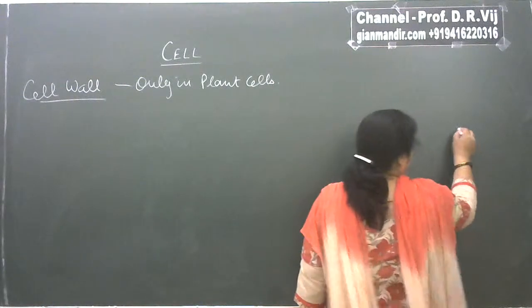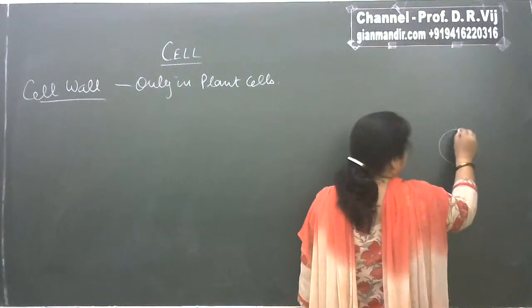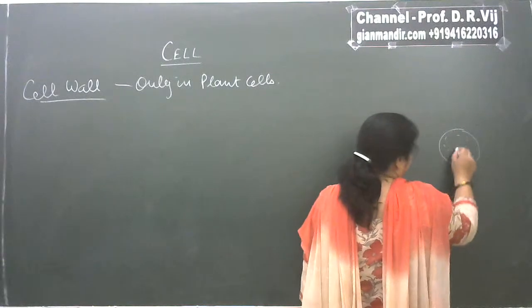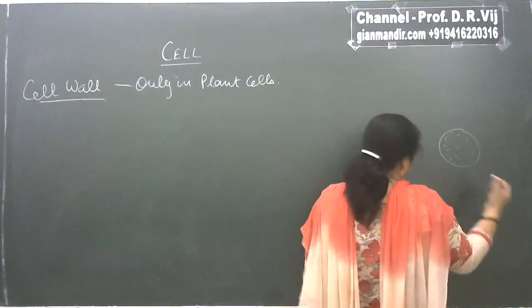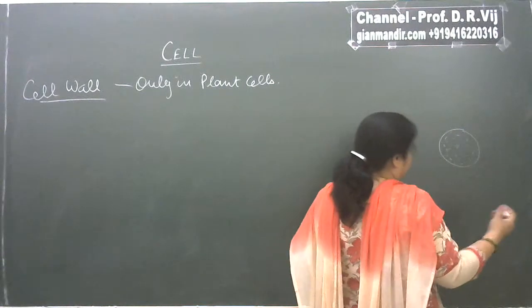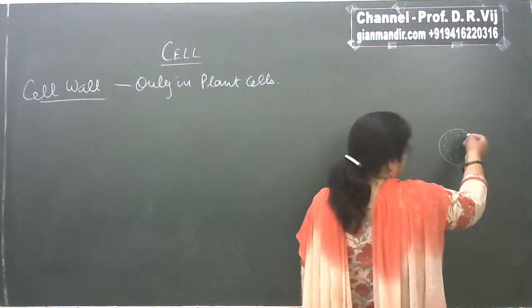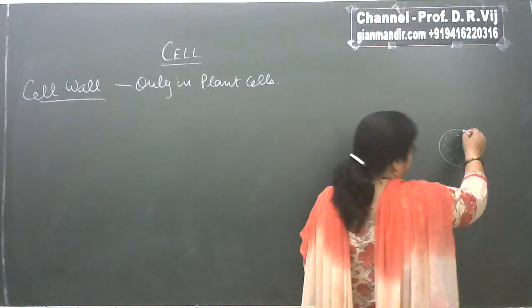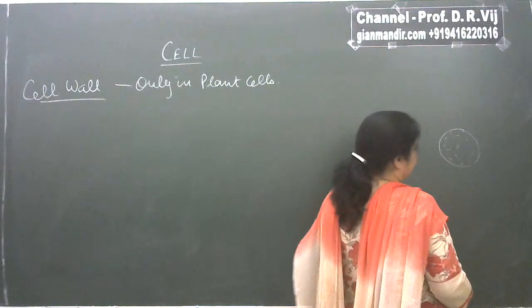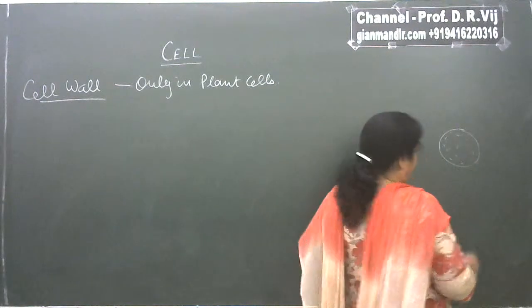You have seen in the cell, the outermost covering is the plasma membrane. Inside the plasma membrane there are various cell organelles about which we will be discussing later on. But remember that the cell has the outermost covering, that is the cell membrane or plasma membrane.